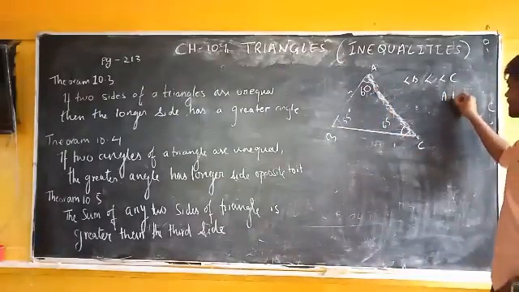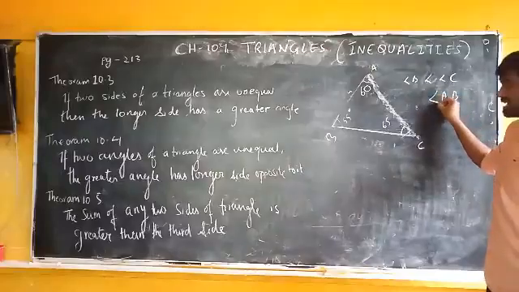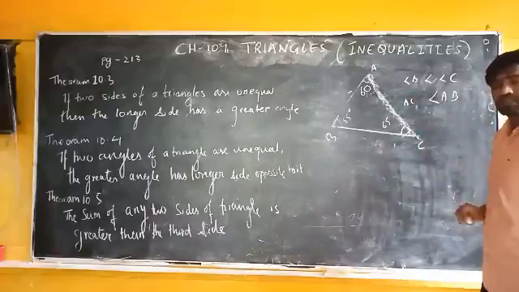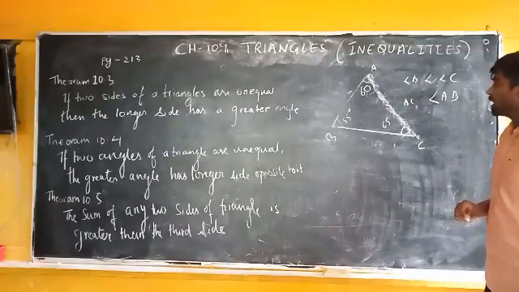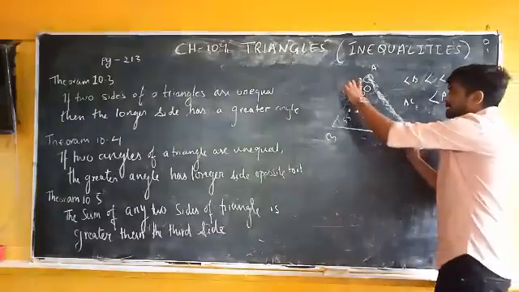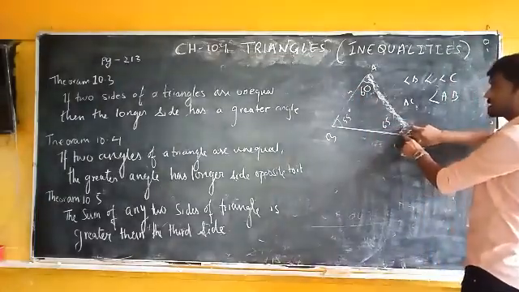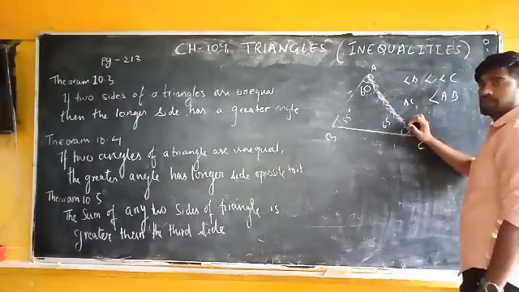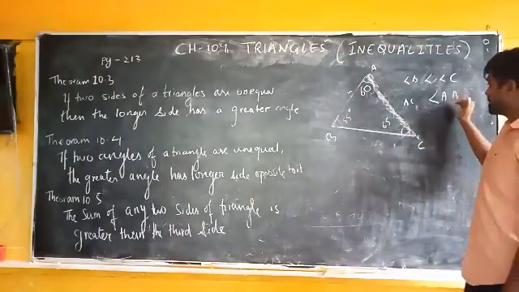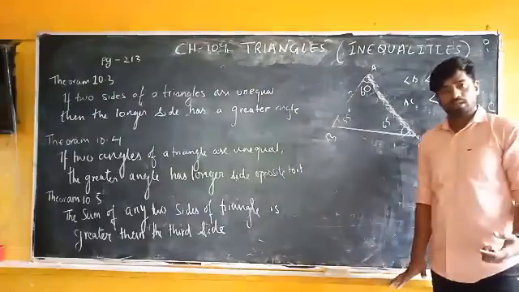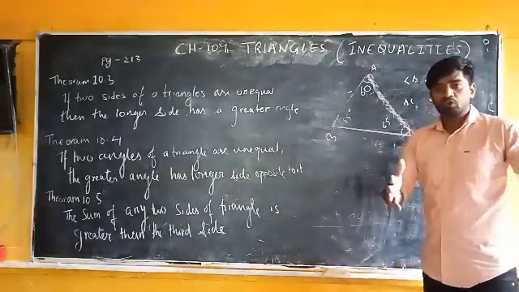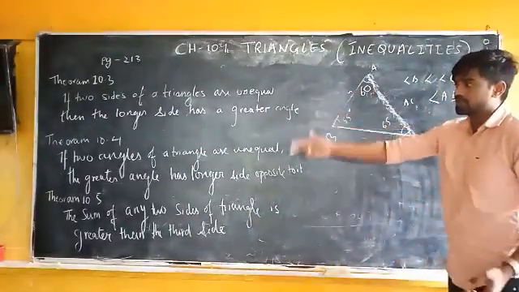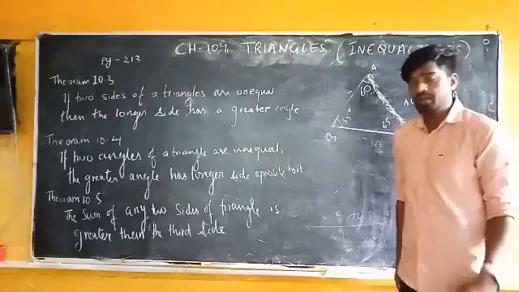So I can say AB is greater than which line? AC. Are you getting it? This line is greater because the angle opposite it is greater. So the line opposite the greater angle will be the greatest. That's how you write that AB is greater than AC. We'll do some questions similar to them, 2 or 3 different examples that can explain these theorems.